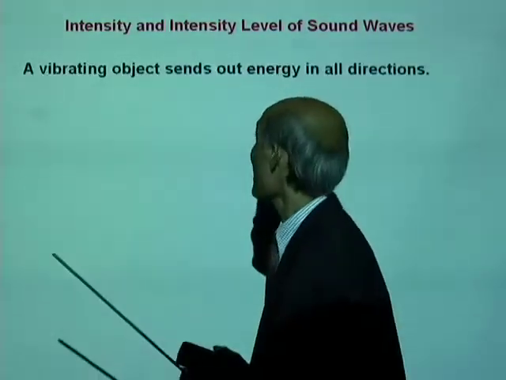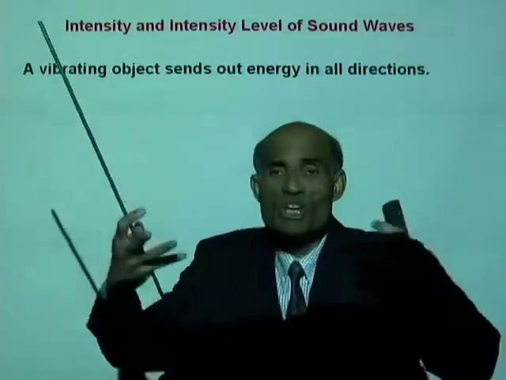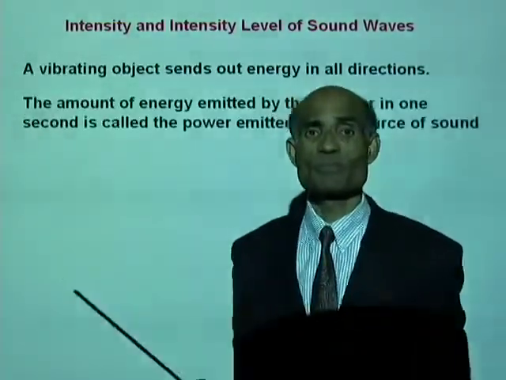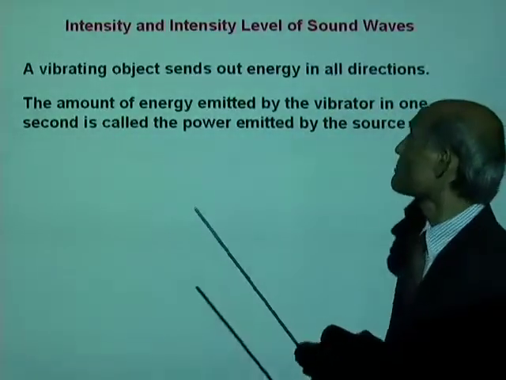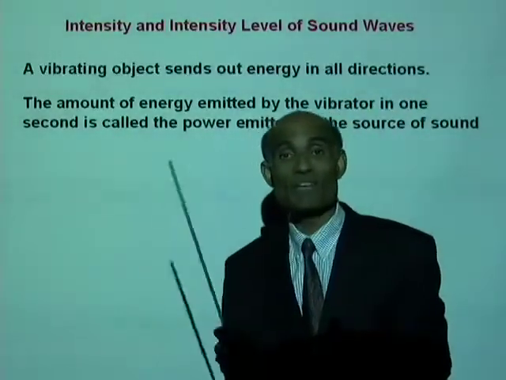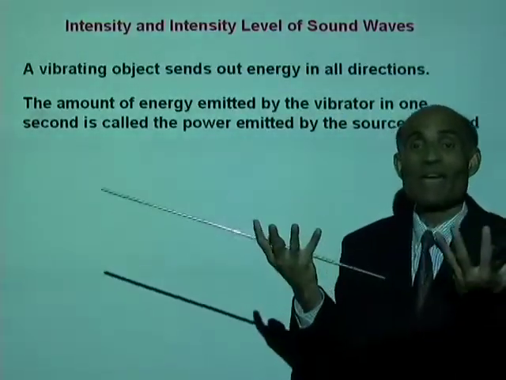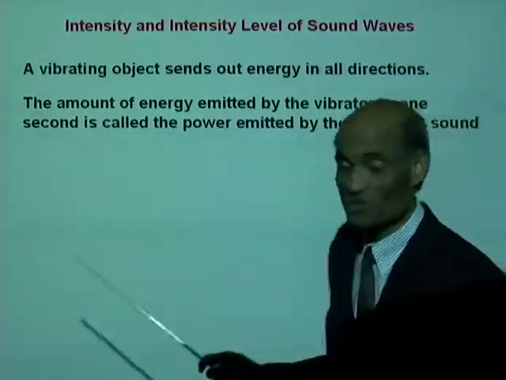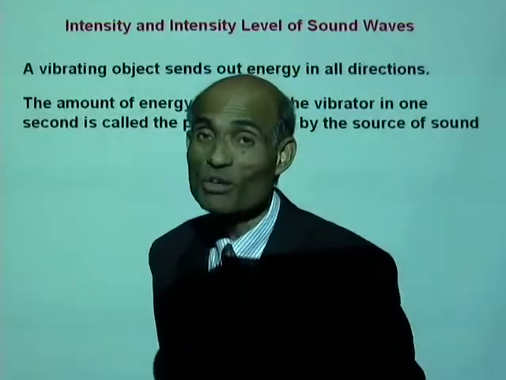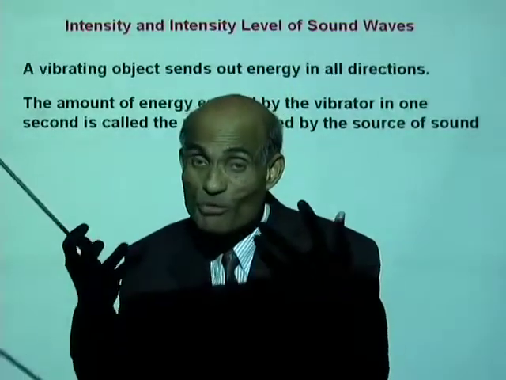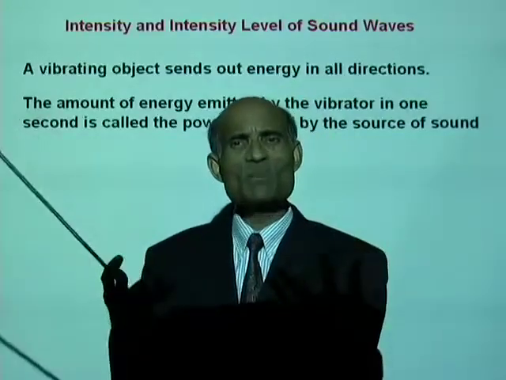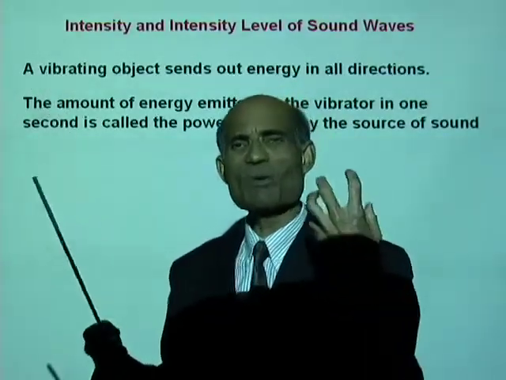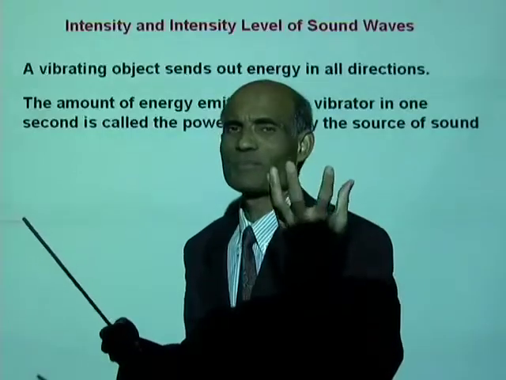A vibrating object sends out energy in all directions. The amount of energy emitted by the vibrator in 1 second is called the power emitted by the source of sound. Now, most of you know that you talk about the power of your loudspeaker, don't you? What does it mean when you say your loudspeaker has a power of 300 watts?